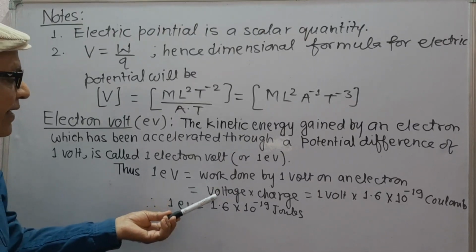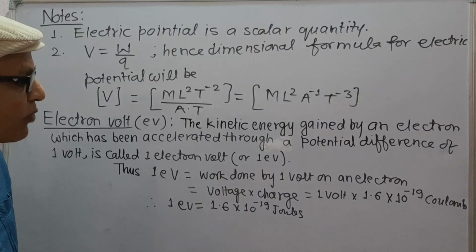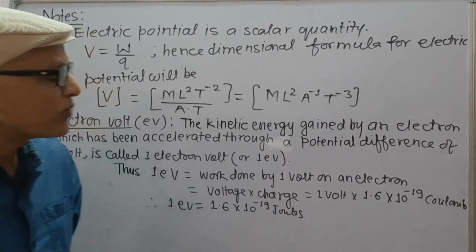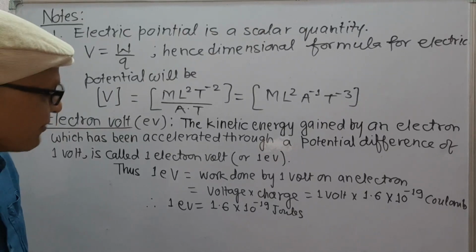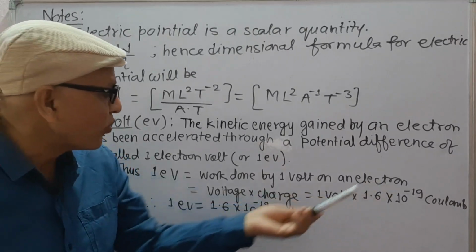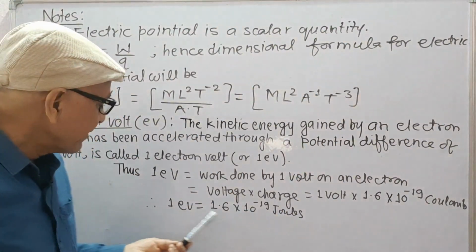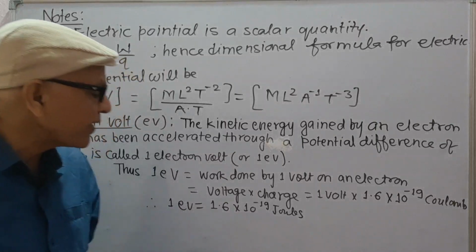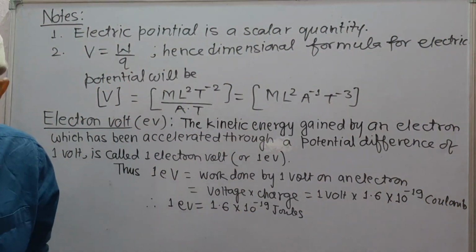So, work done is voltage into charge. Voltage is 1 volt and charge on electron is 1.6 × 10⁻¹⁹ coulomb, and we know volt into coulomb gives joule. Therefore, 1 electron volt is equal to 1.6 × 10⁻¹⁹ joules.